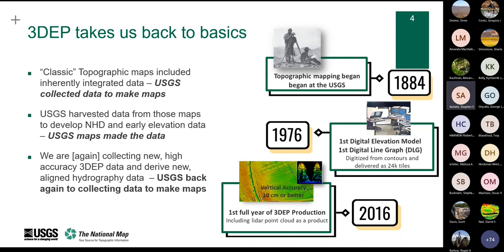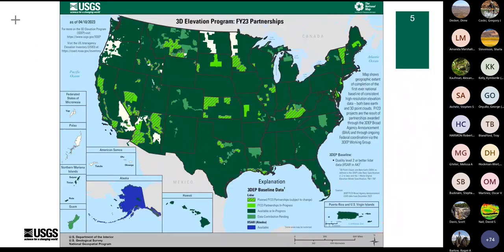This is a significant reversal from where we have been from the late 20th century up to present, at least with hydrography, where most of that data has been derived from that old cartographic data source.